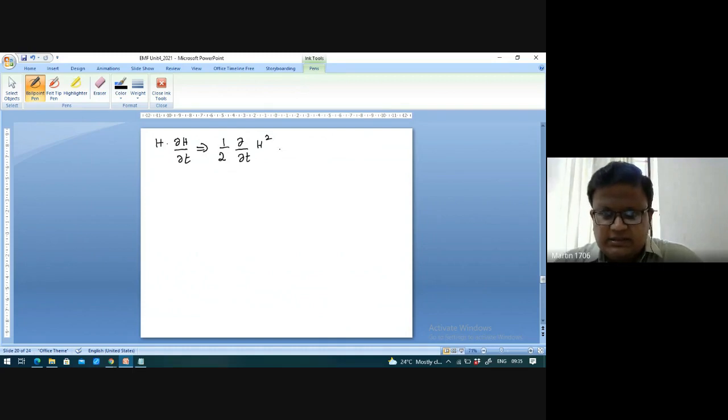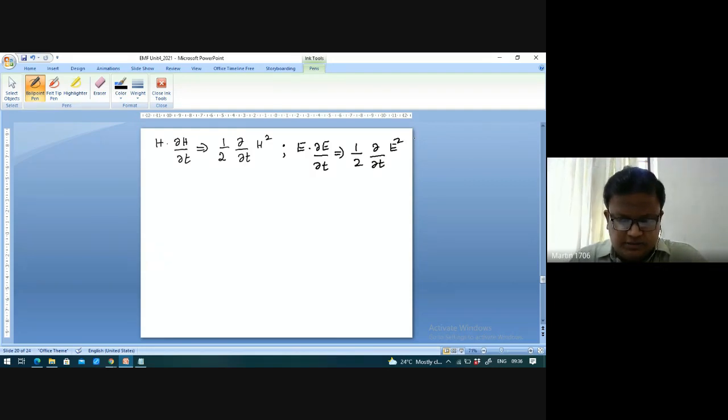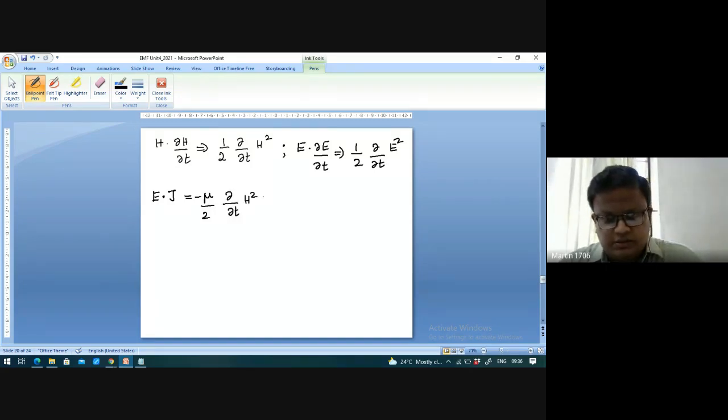Similarly, E dot dou E by dou t is written as half dou by dou t E squared. Now substituting in the above equation: E dot J is equal to minus mu by 2 dou by dou t H squared minus epsilon by 2 dou by dou t E squared, a second order function, minus del dot E cross H.